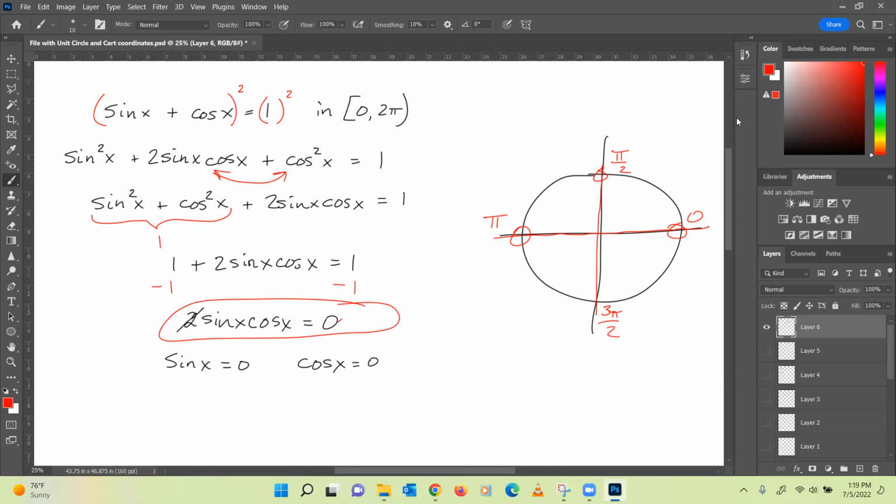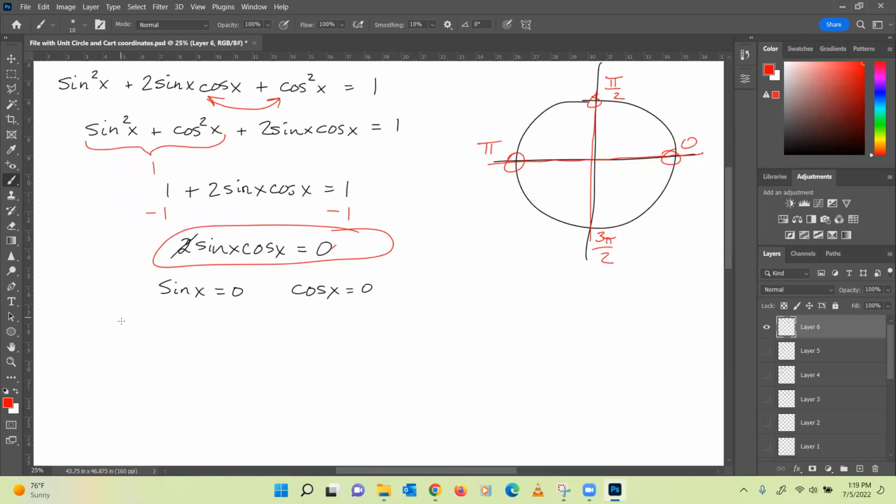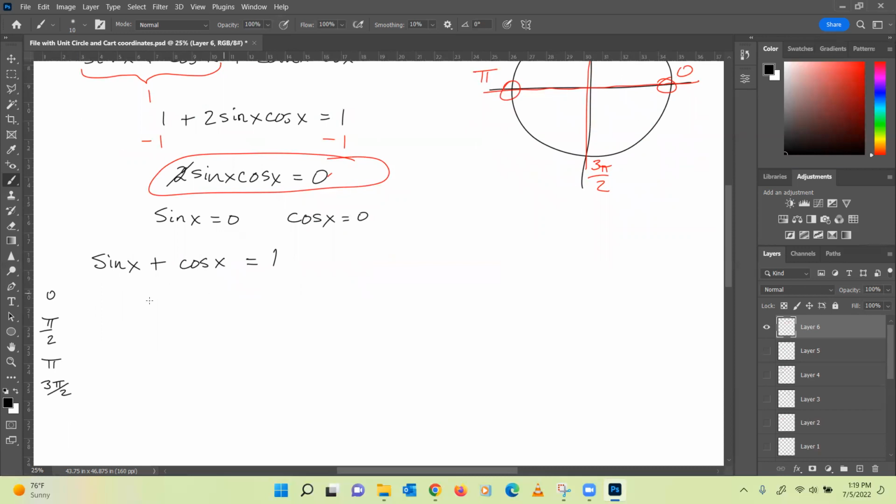Let's double check with our original function though and make sure that that works. So our original function was sine of x plus cosine of x equals 1. All right, let's plug in those 4 angles, 0, pi halves, pi, and 3 pi halves, and see what we get. So we've got sine of 0 plus cosine 0 equals 1.